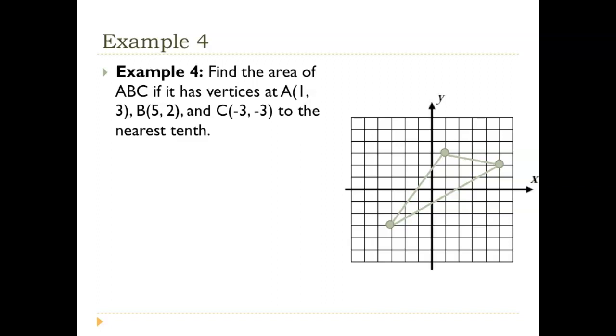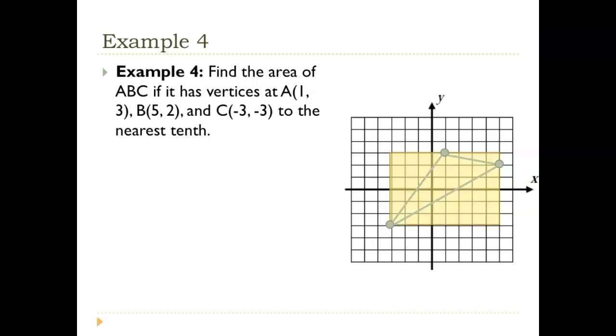However, one way that we could go about finding the area of this triangle is we can draw out this rectangle on the outside so that we can subtract some right triangles, of which the base and the height are easy to find, in order to determine what the area of this triangle is.